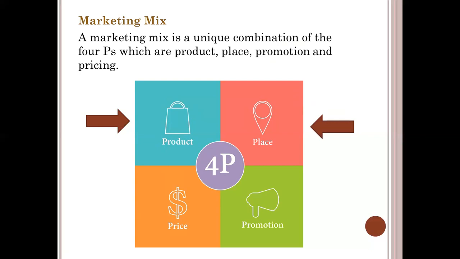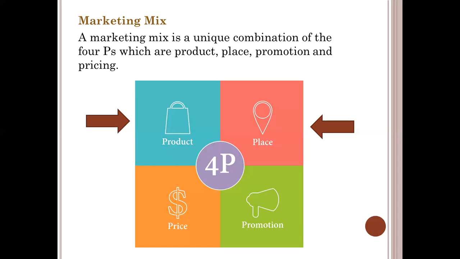We also have here the place. So for place, getting the product to a point at which the customer can purchase it. So whether you want to purchase it in a stall or in a store or via online or have it delivered onto you, that is the place.